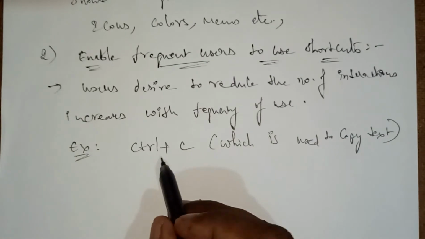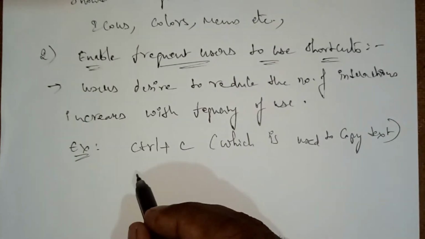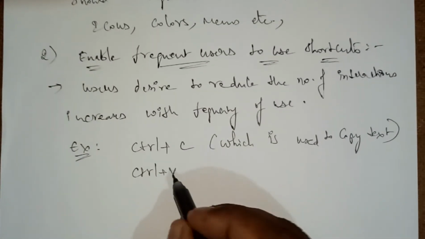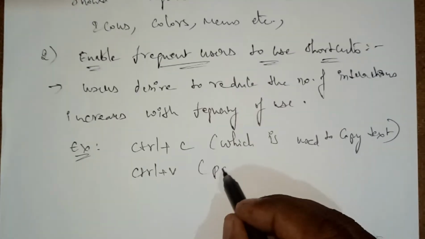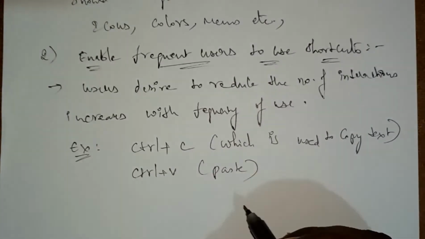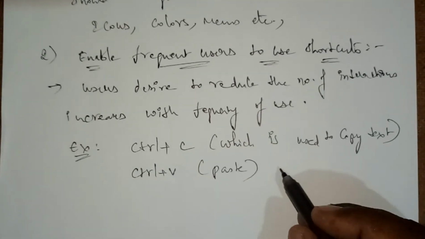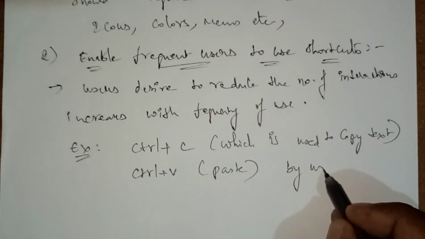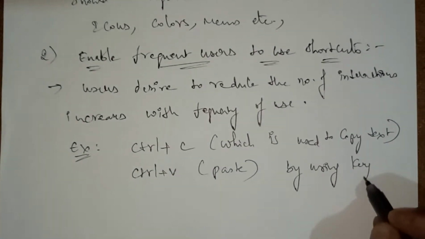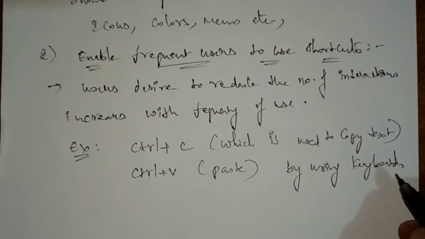Control plus V can be used to paste in some other location. This can be done using the keyboard. This is the second rule.